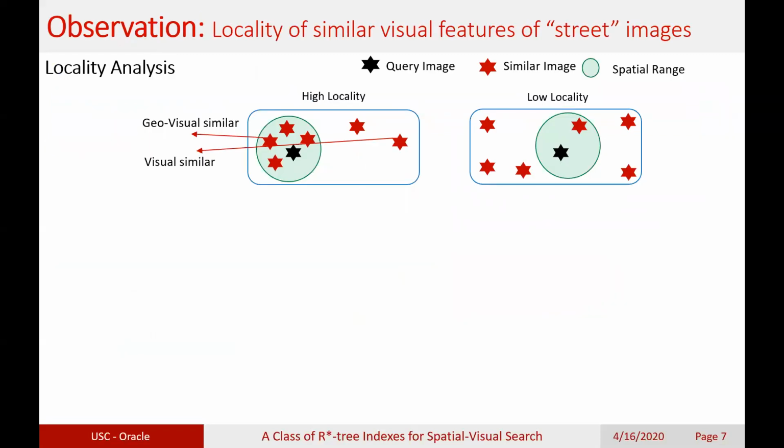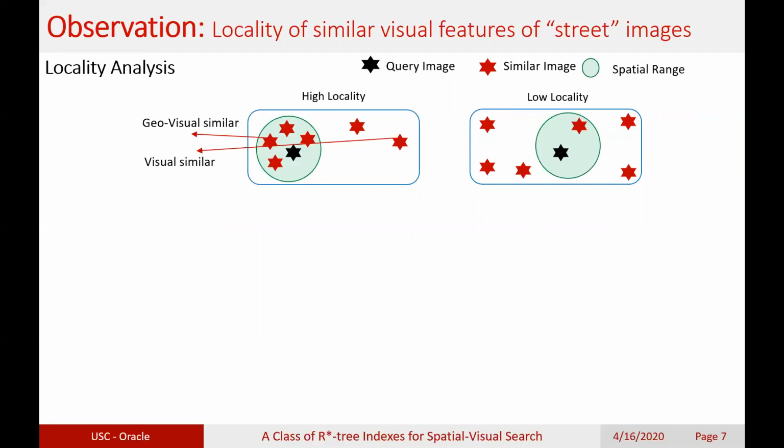In this research work, we focus on street images. When focusing on street images, we have a key observation that similar images are usually located in the same neighborhood. We call this phenomenon the locality of similar visual features of street images. To validate this phenomenon, we did an analysis which is illustrated in this simple visualization.